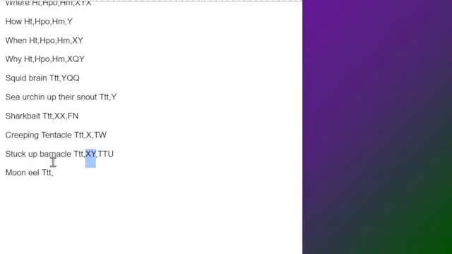It's probably actually different scales. Slash and XY mean barnacle has been translated into the insult tail by common usage, and then that means up. That just means up. That's pretty simple, honestly. Moon eel is XX.